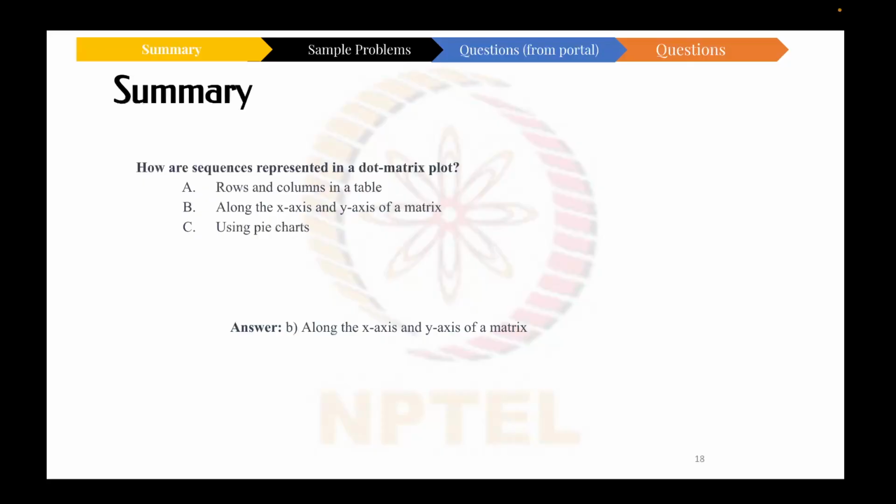Okay, other than that, I have only two sequences. Then, in what scenarios can the dot matrix not help us in visualizing the similarities or dissimilarities? We can't compare the sequences among more than two species. Okay. No similarity at all.